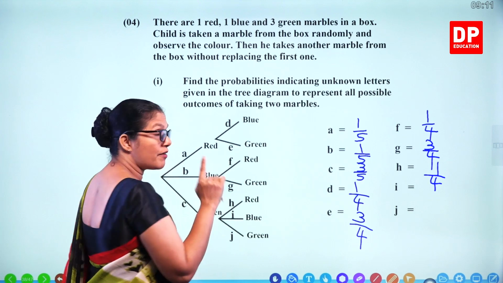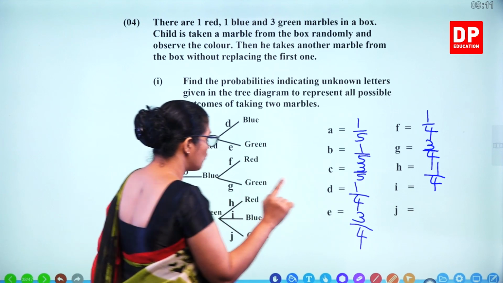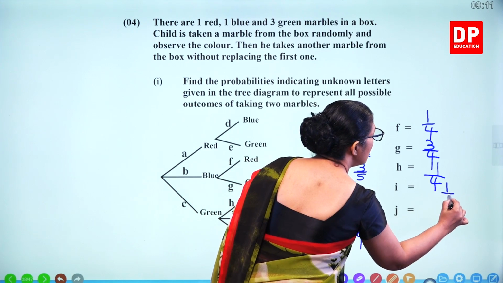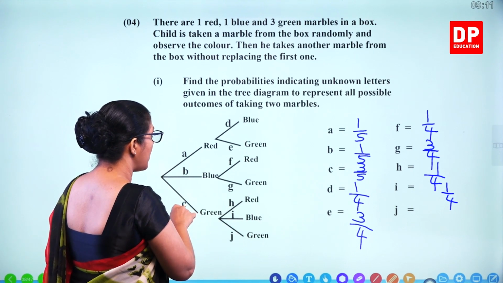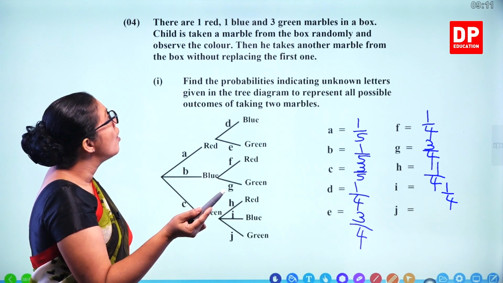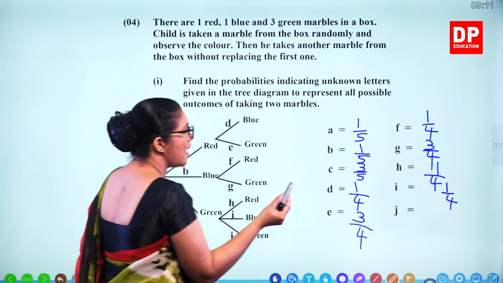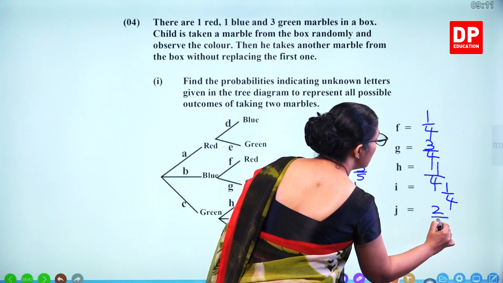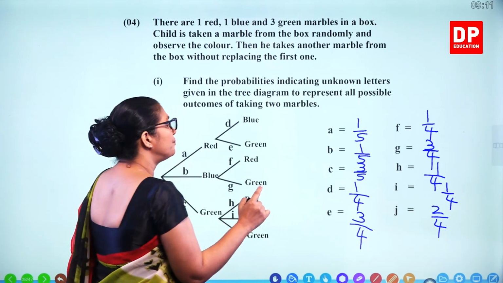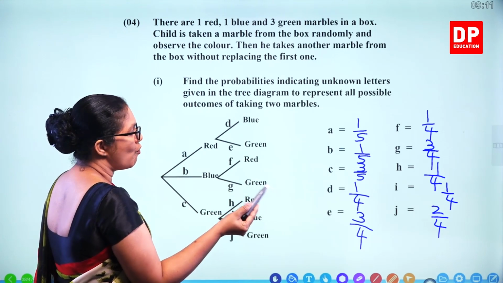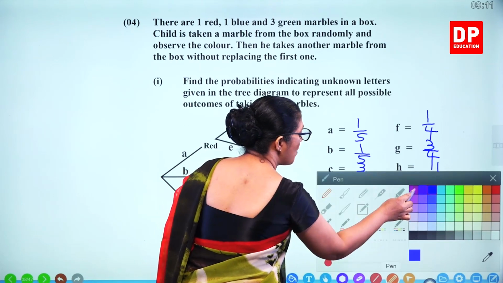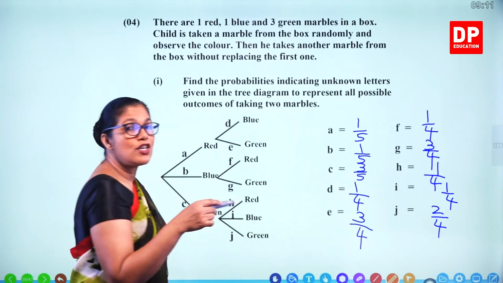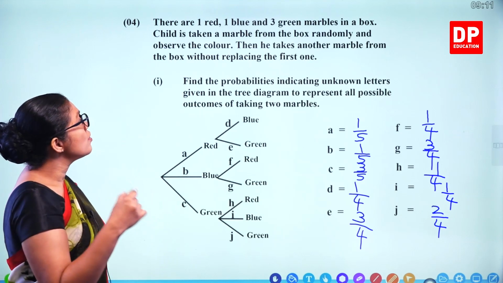Blue one, already 1 green one taken, so 1 over 4. What about green one? Green one is taken, so now only 2 green ones are there. 2 over 4. So you can simplify 2 over 4 as half. So those are the probabilities, and probabilities are changing because this is without replacing.